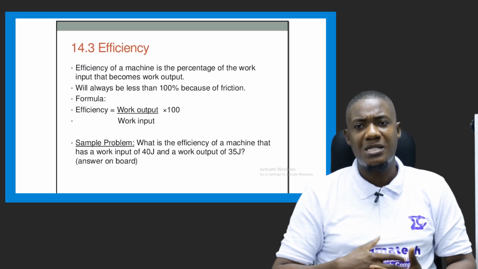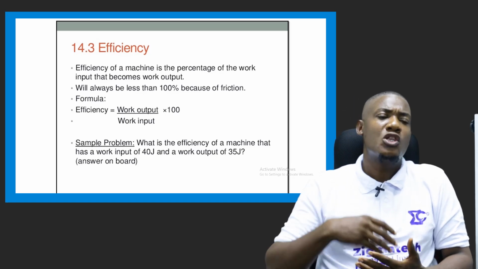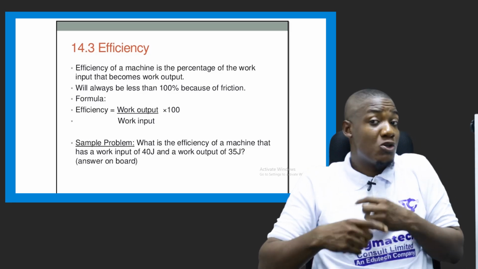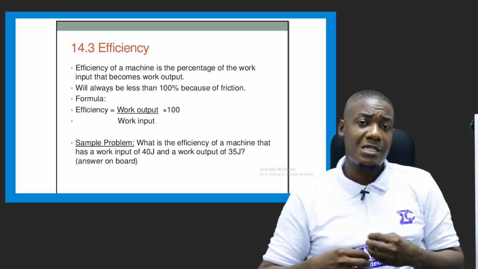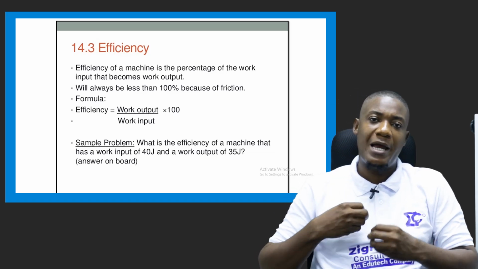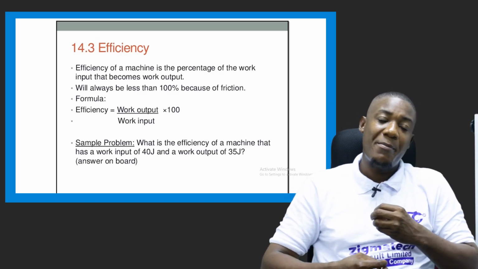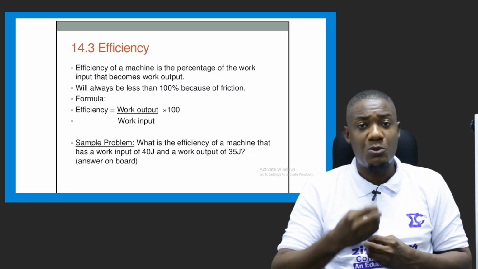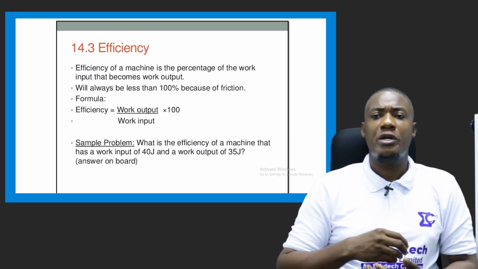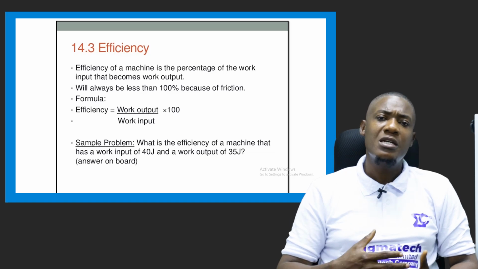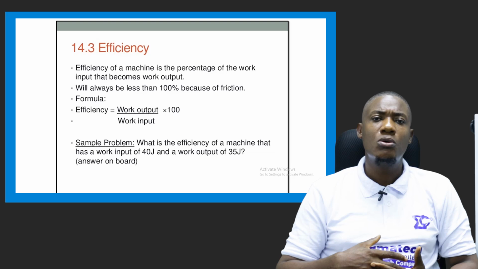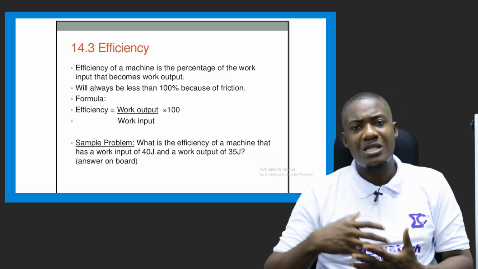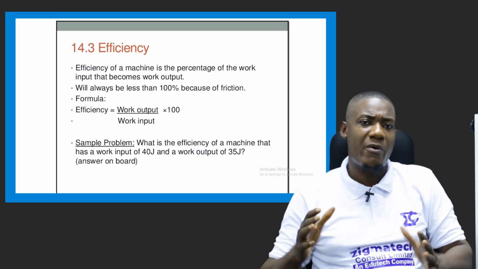Mathematically speaking, the work done by the machine, we can also call it work output. That is, if you apply an effort in a machine, what that machine is able to do for you is the work output. You understand? Okay, so efficiency of a machine is the ratio of work output to work input times 100/1.